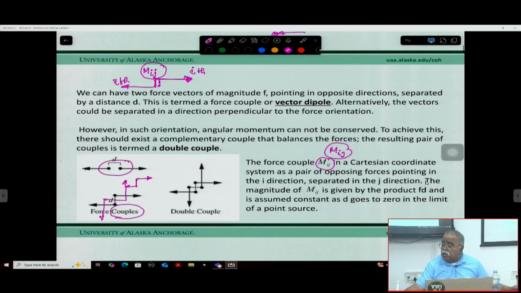Since it's a double couple, there will also be Mji, and Mji and Mij basically have to be the same.